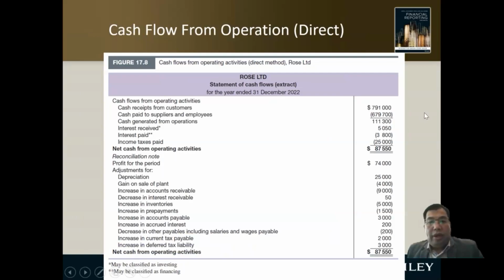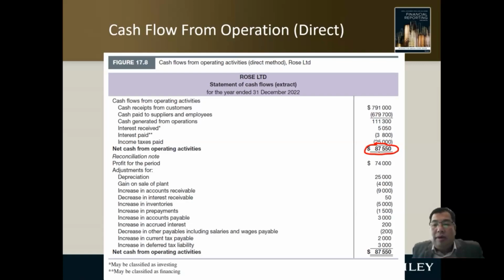Figure 17.8 shows you the statement of cash flow based on what we have calculated before. We have cash flow from operating here. The amount is 87,750.